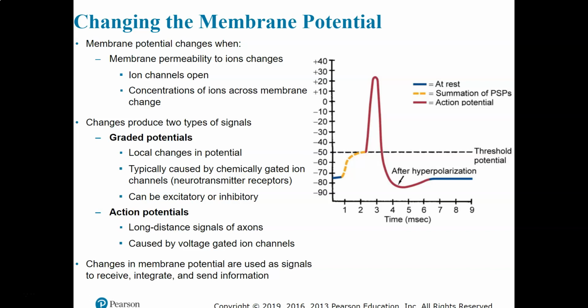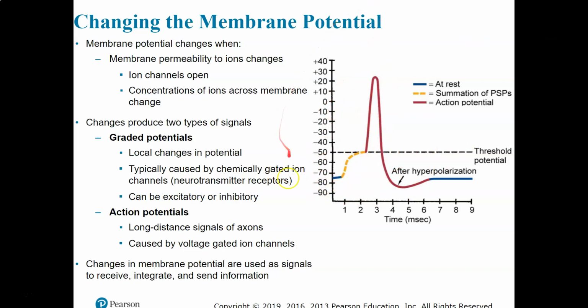Action potentials are long distance signals that travel down axons, and they're caused not by chemically gated ion channels, but by voltage-gated ion channels. These changes in membrane potential are used as the electrical signals that allow neurons to receive, integrate, and send information.